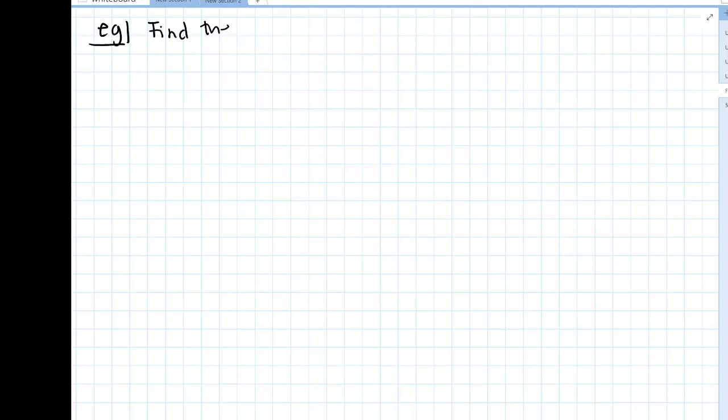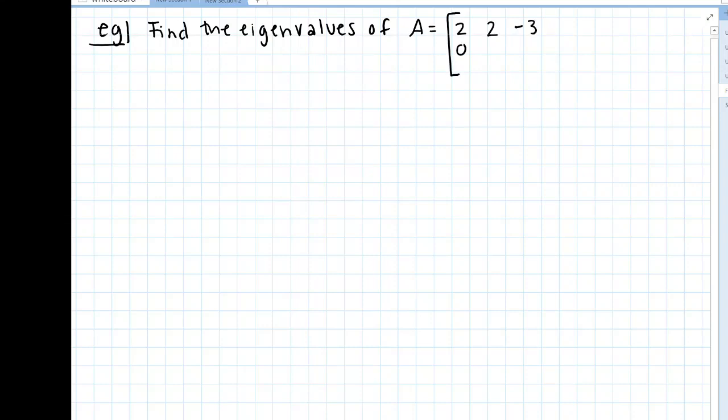So we're going to find the eigenvalues of, let's call this A, the matrix with rows 2, 2, 3, 0, 0, 3.